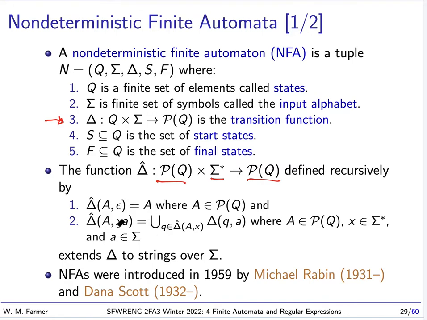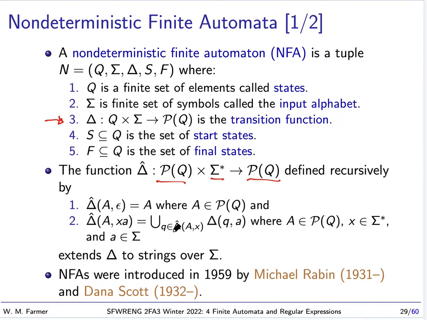If you've already processed a set of states A and a string X, and now you're going to apply it to another symbol A, you take all the states that you have obtained for X, then apply delta to each of those states with A, and take the union of all of those.